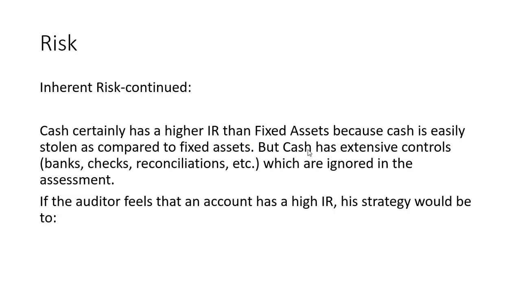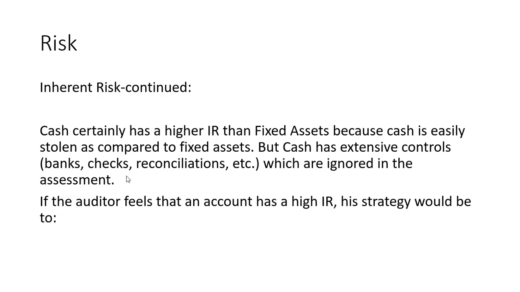There's extensive controls over cash. There's banks, there's checks, there's reconciliations, keep it in a safe. Fixed assets, there aren't those kinds of controls. But these controls are ignored when we assess inherent risk for these accounts.